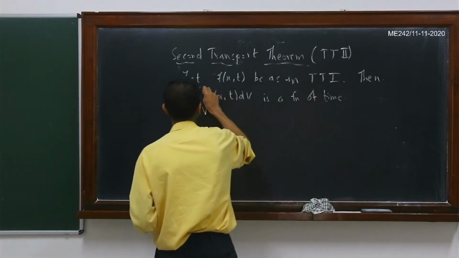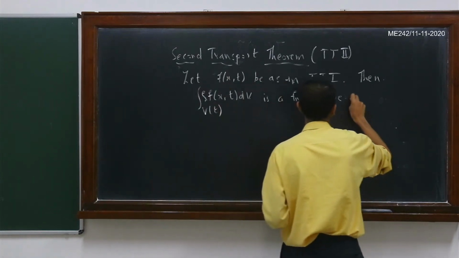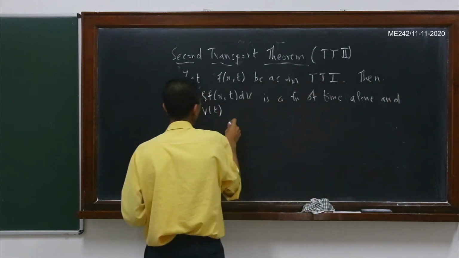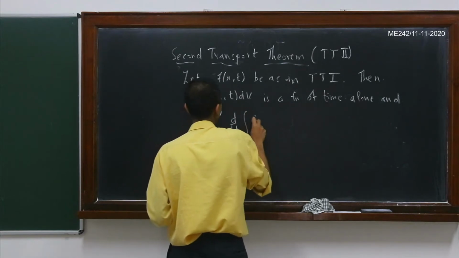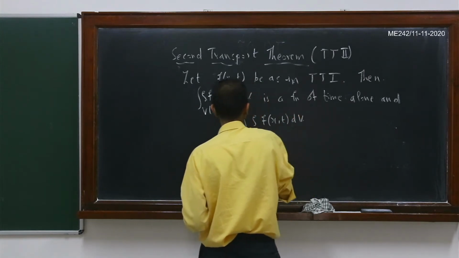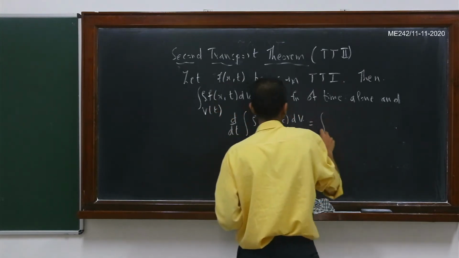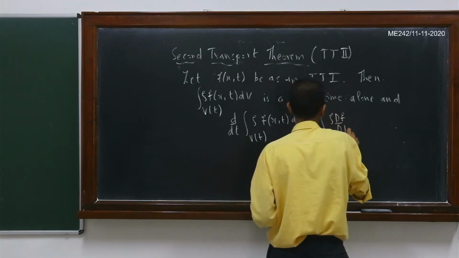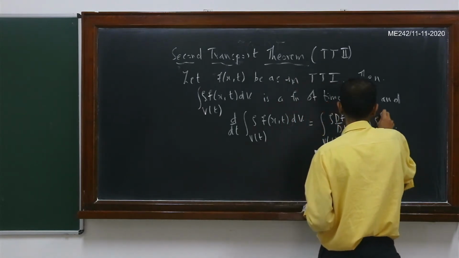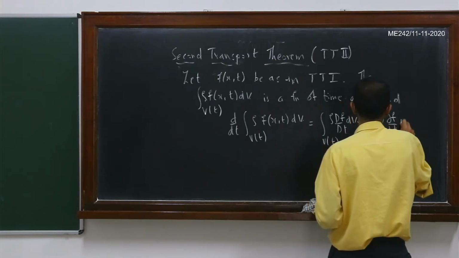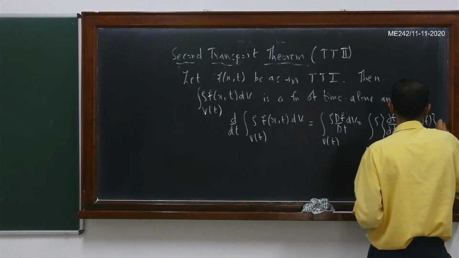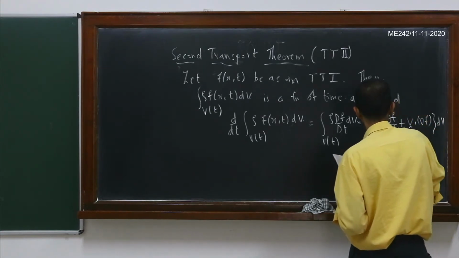Here let me put a rho, so the integral of rho f is a function of time alone, and d by dt of the integral of rho times f of x comma t dv over v of t is equal to the integral of rho df by dt dv over v of t, which is equal to the integral of rho times del f by del t plus v dot del f times dv over v of t.